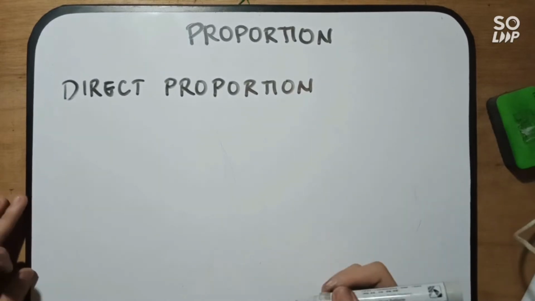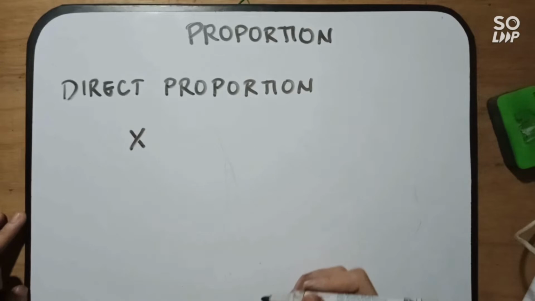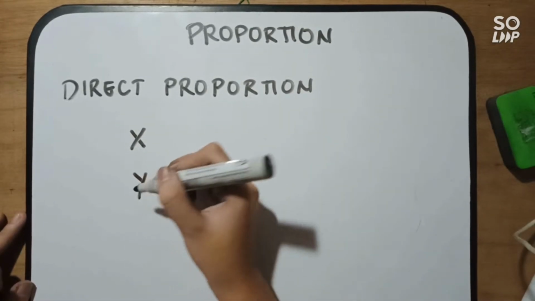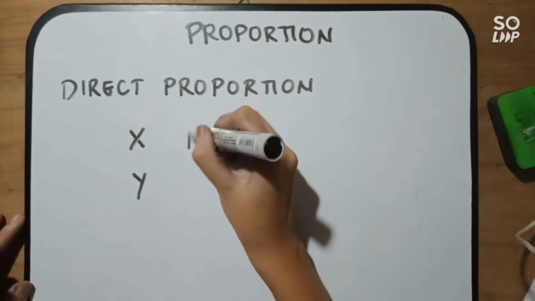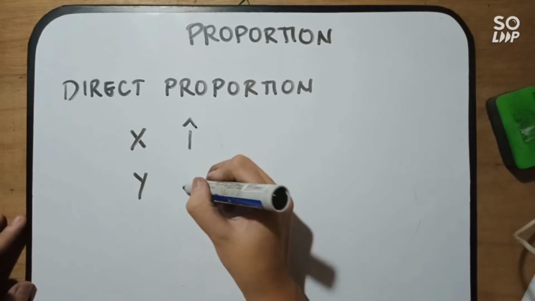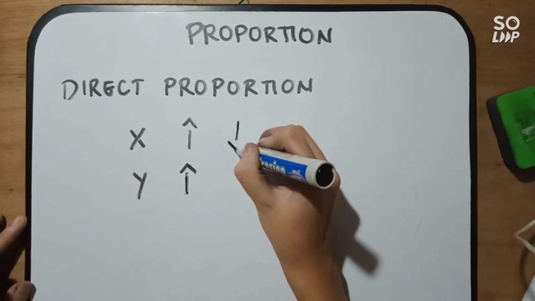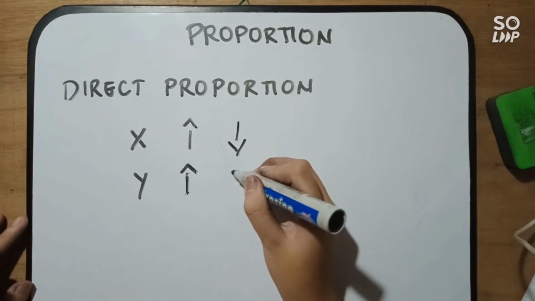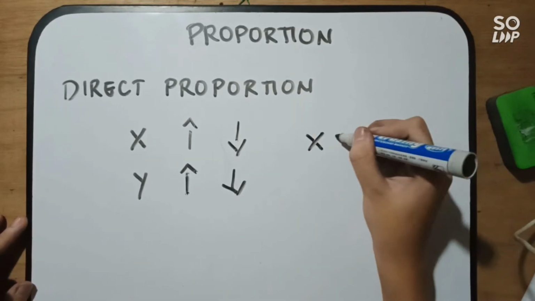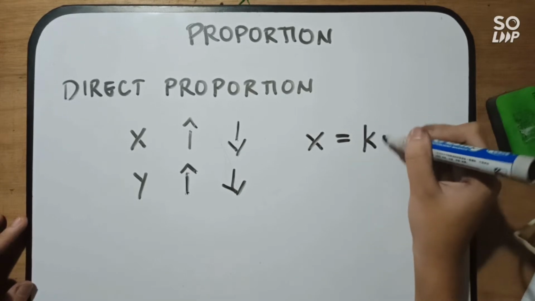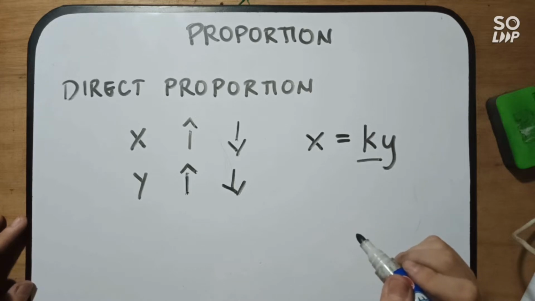In direct proportion, a variable x is directly proportional to y. If the value of x increases, the value of y also increases. If the value of x decreases, the value of y also decreases. It is expressed as x equals k times y, where k is the constant of proportionality.